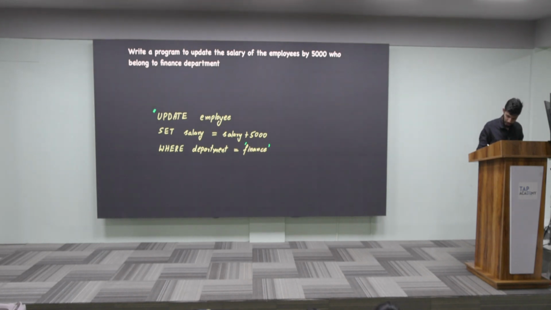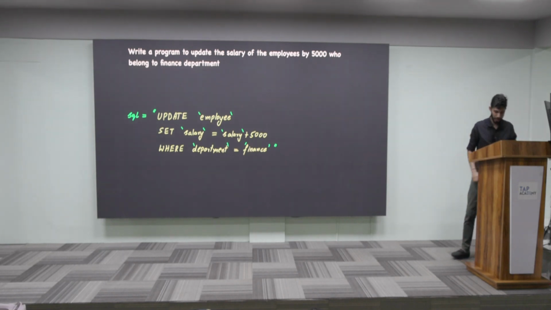The whole thing I will put within double quotes, and I will store it inside a variable called SQL. And wherever there is a table name, I will put backticks. Even for salary, I will put backticks. Even for department, I will put backticks.